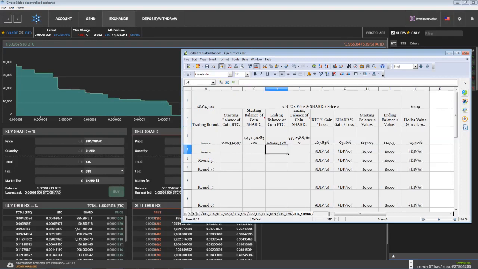And holy cow, this one was not looking good. I went heavy to Bitcoin from shard on this one, and 13% dollar value that trade would have netted me with current prices here. That's one of the troubles with market making. You have to really think and strategize about how you want to accumulate or overweight one asset versus another.